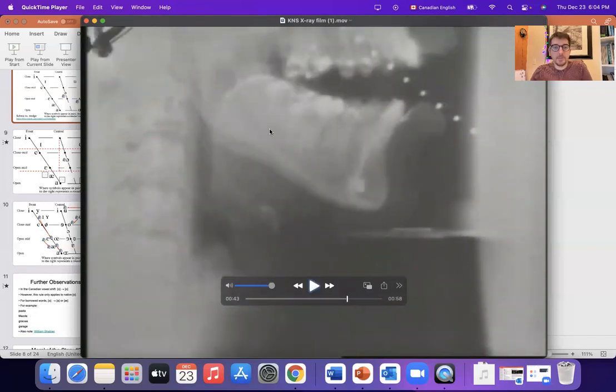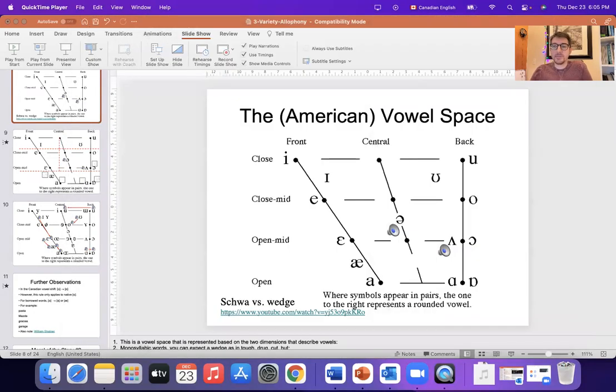And the tongue goes way back into your mouth, of course, and you can see clearly the difference between these two and many more vowels if you want to observe this difference. And we'll go back to this video many times during the course.